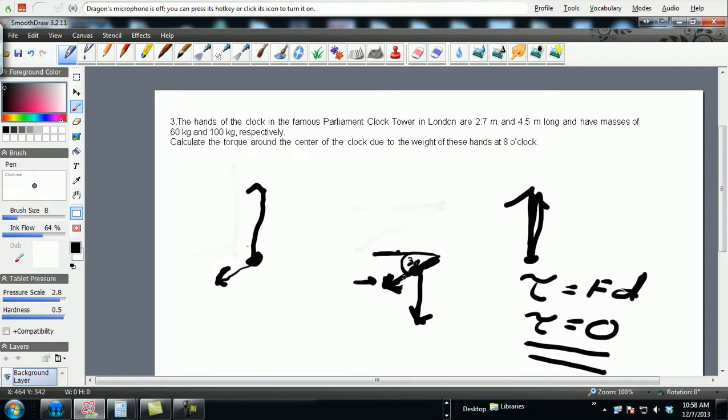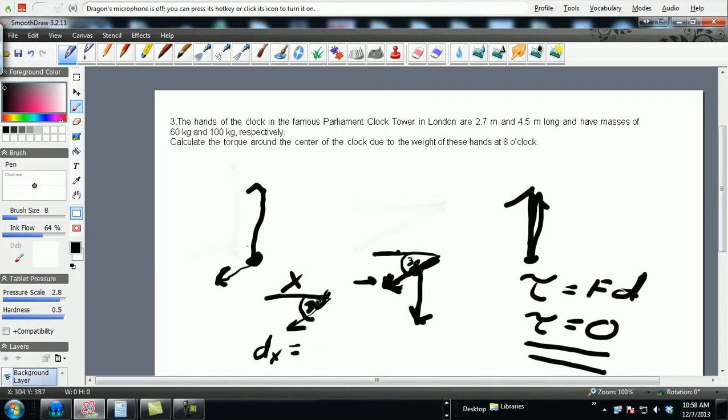So I'm going to draw you a triangle so you can see that that angle is 30 degrees.